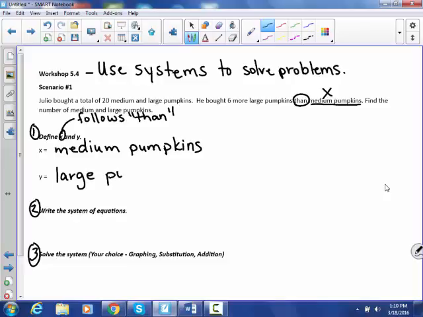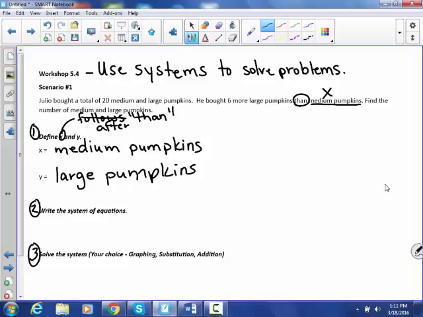You should go after then. Okay. That's better. After then. There we go. Make it more clear. Okay? So X is going to be medium. Y is going to be large. All right. Now we're ready to write our system. Okay? Let everybody get a chance to get that down.